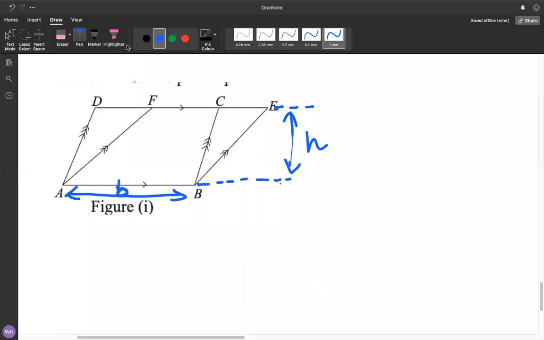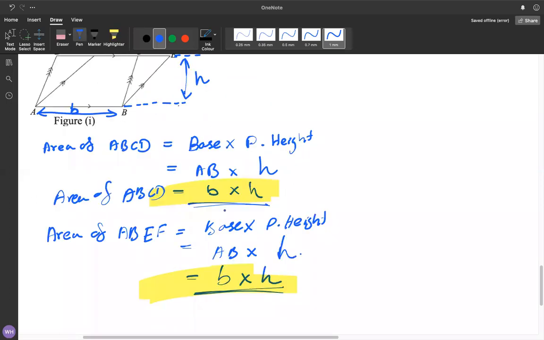Now, what can you see as a relationship if you consider them as equations? The area of ABCD is equal to b times h, and the area of ABEF is also equal to b times h. So what can you say about them? They are both equal to the same quantity, isn't it?